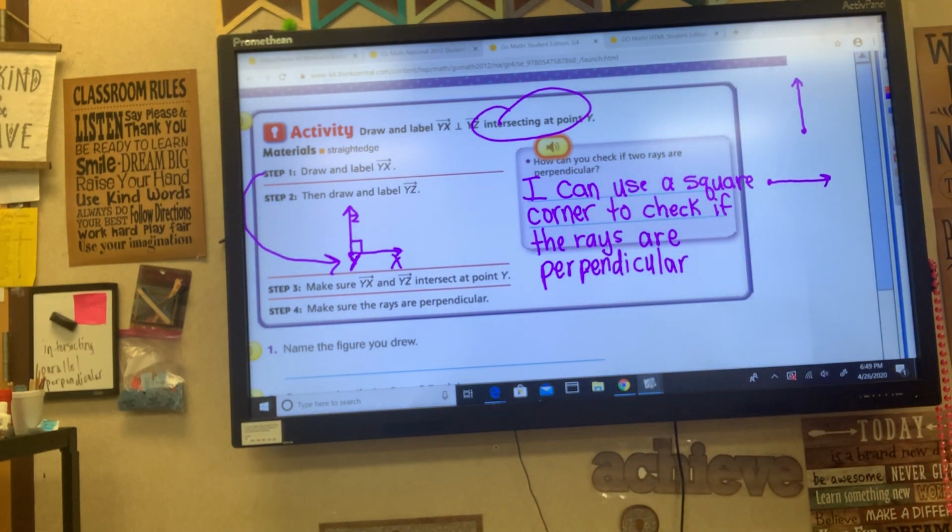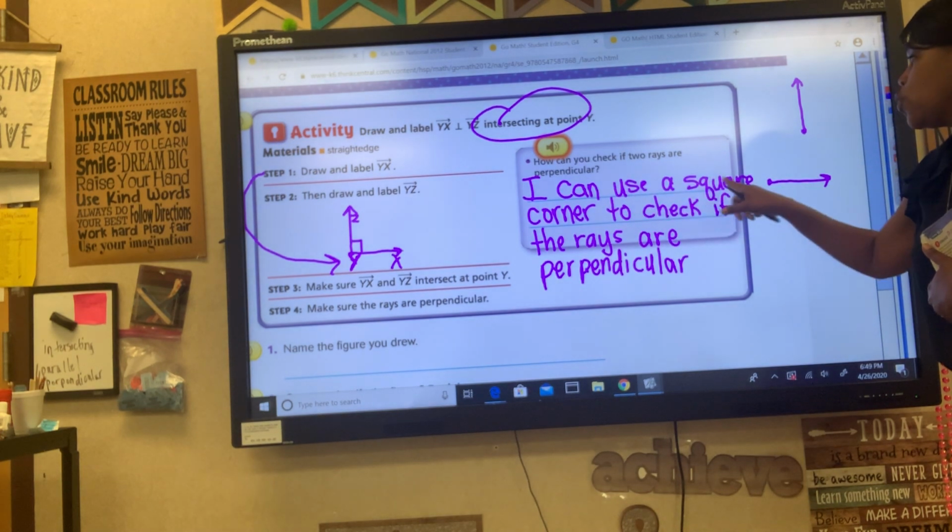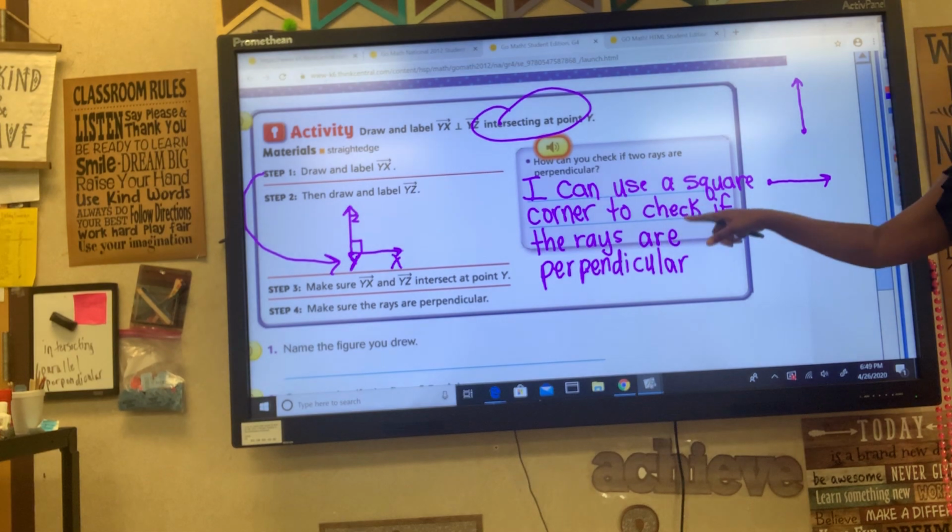So to see if the rays are perpendicular, you can use a square corner. Once again, I can use a square corner to check if the rays are perpendicular.